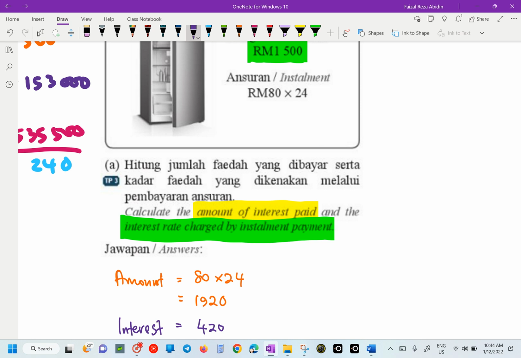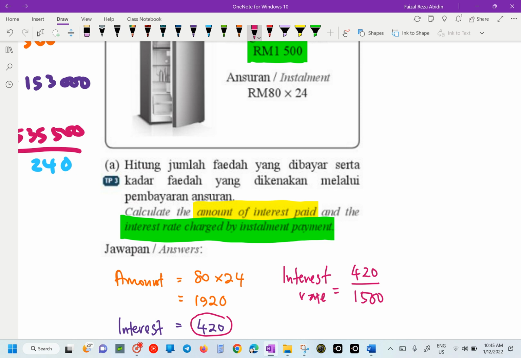If we want to know the interest rate, how do we find it? We have 420 divided by the original price, 1,500.